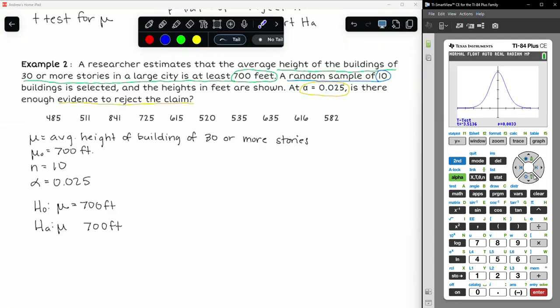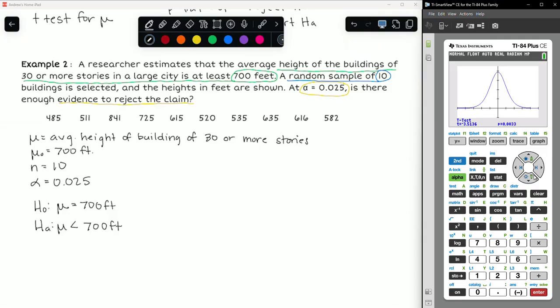My original statement is at least. That means 700 or more. The complement to that, what I should use as my alternative, would be less than. So if I want to reject the claim that they are at least 700 feet, I need to show that they are less than 700 feet.